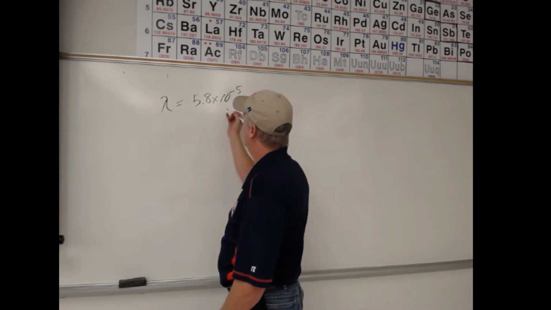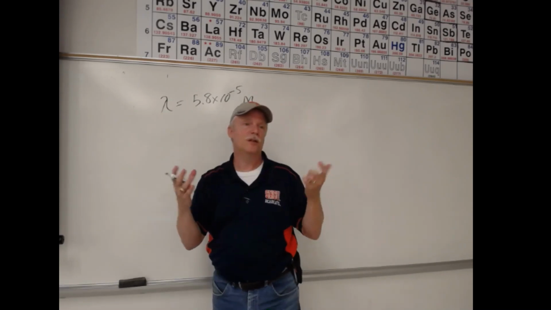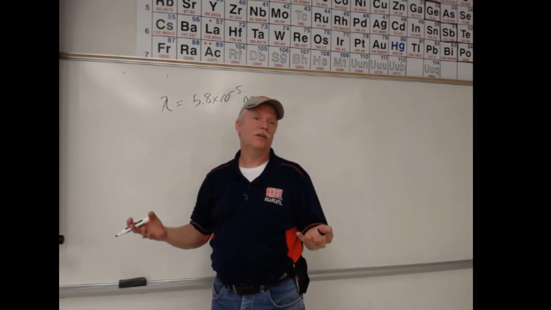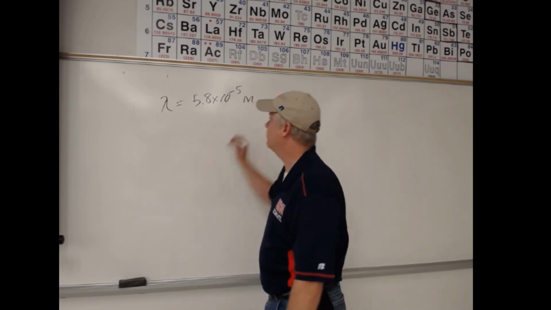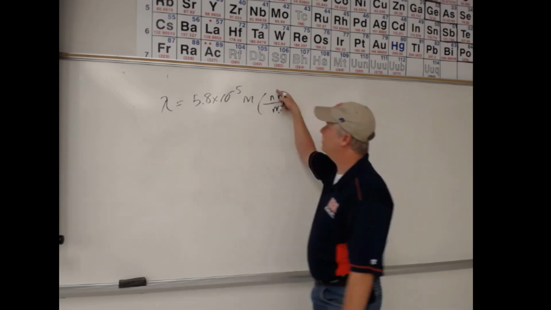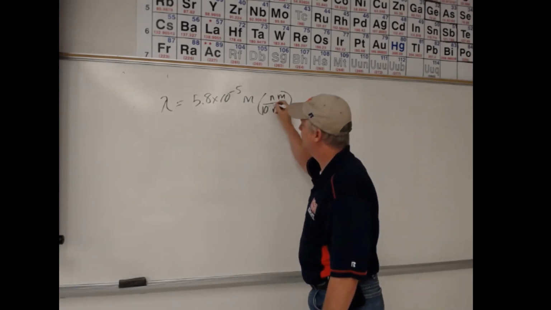Okay. All right, so then, if we wanted to convert that to something to compare it to the visible region, because that was one of the questions, okay? Visible region is in nanometers. So we want to compare this to nanometers. Y'all comfortable with that? We want to get out of meters. Nano is 10 to the minus 9.